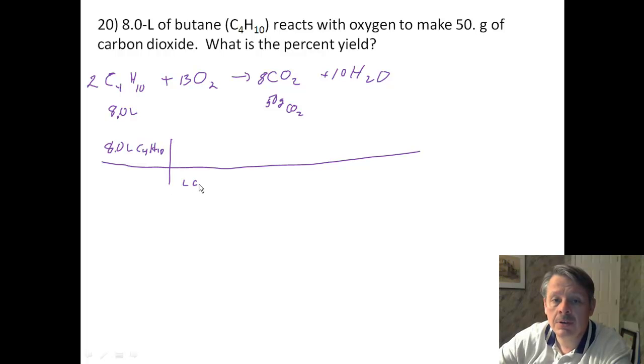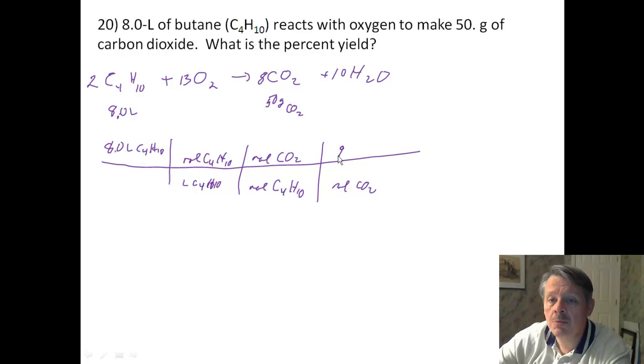So liters of C4H10 to moles of C4H10, and then from moles of C4H10, I go to moles of CO2. And from moles of CO2, I have to go to grams of CO2 because I have to compare it to my 50 grams over here.